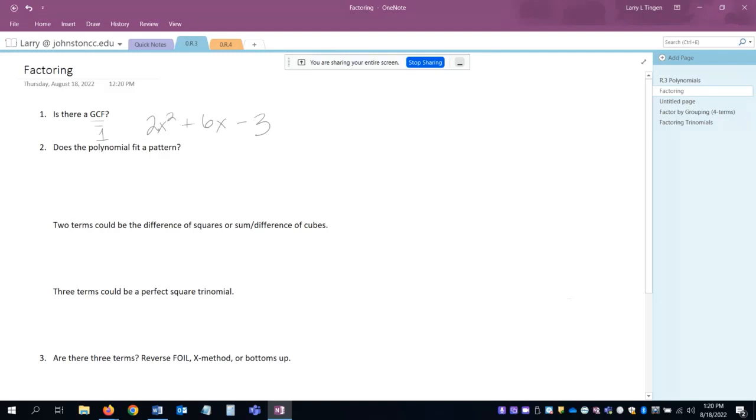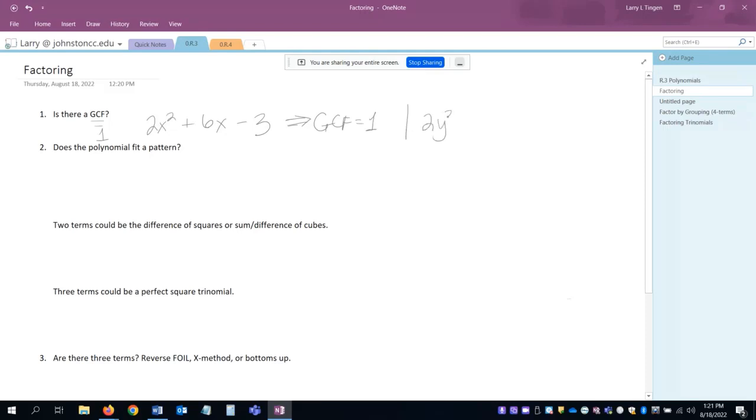X doesn't exist in all the terms, so that can't be my greatest common factor. But 2, 6, and 3 are all what? Is there a number or variable that you see is a factor of all 3 terms? No, so that GCF is 1.